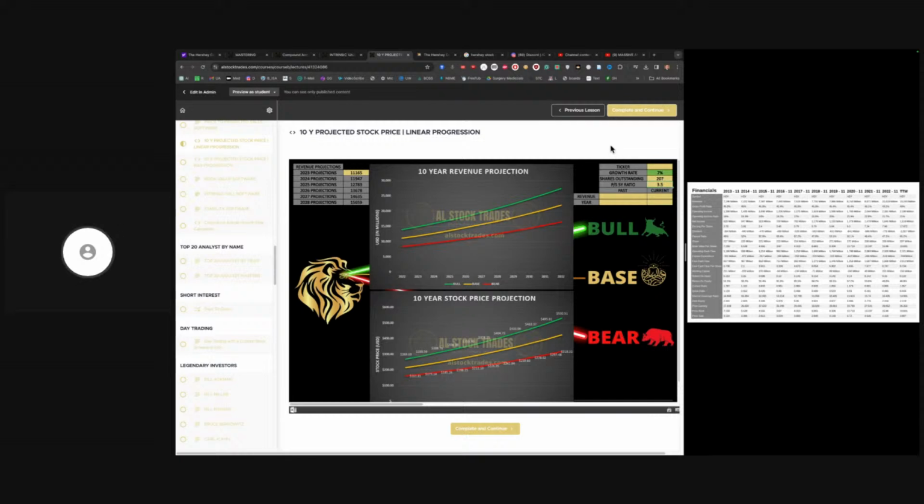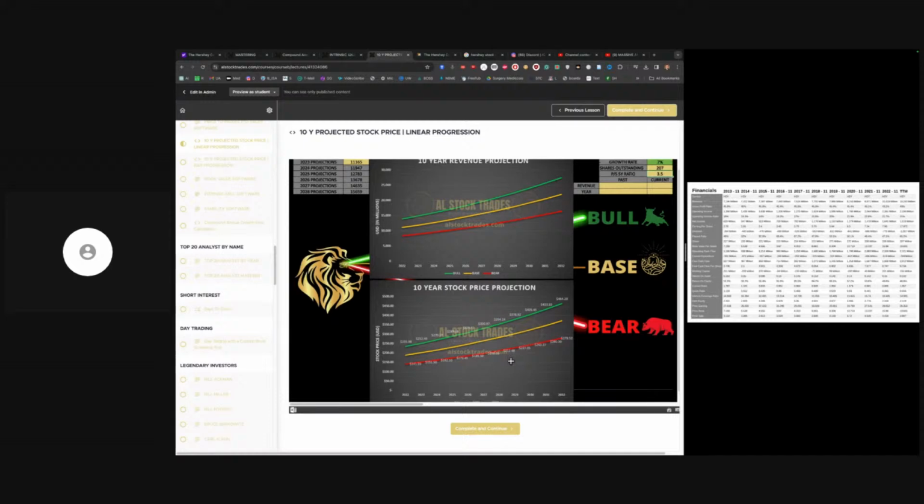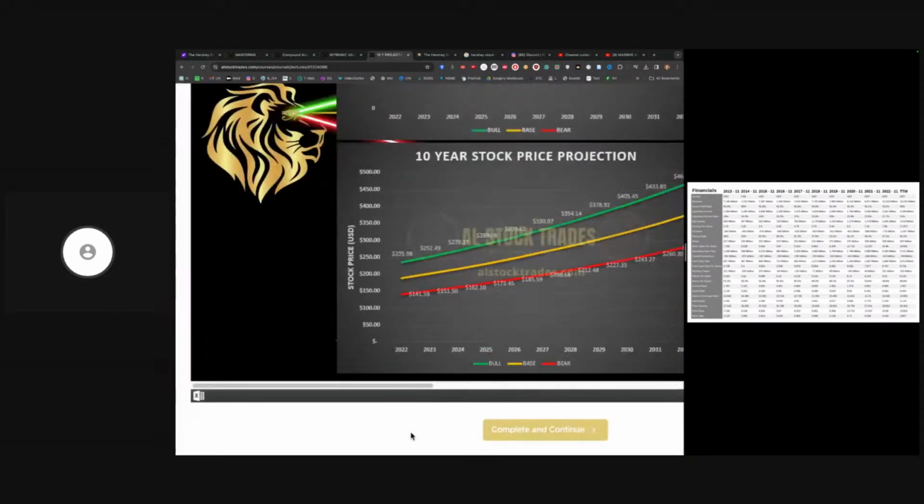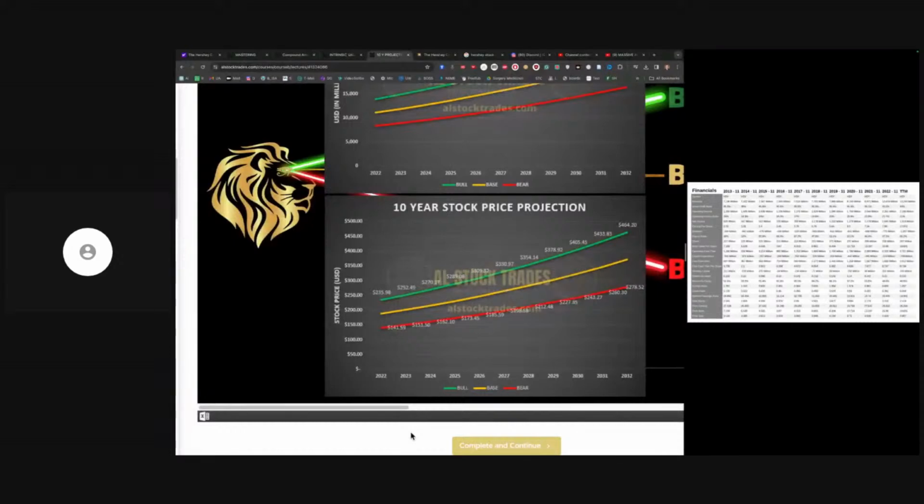And if you take the average for the price to sales, I would take the average, given that we had a really huge 2022, 2023. If you take the average 3.5, you go down here and zoom in, because I have trouble seeing this. So you could see in 10 years, here's the bear, here's the base, and here's the bull. The base is 141 and the bull is 235.